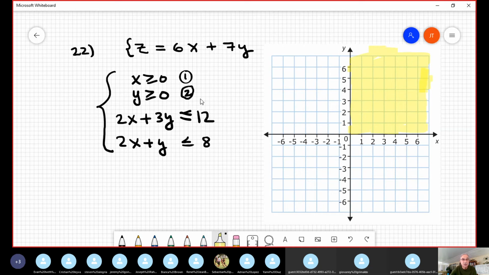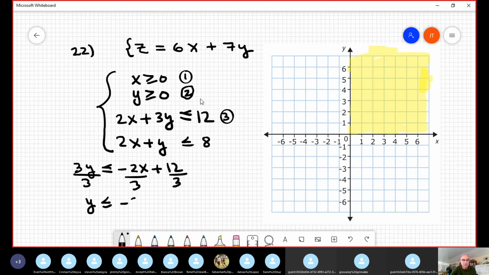But let's try the third inequality. Again, solve for y: 3y less than or equal to minus 2x plus 12, divided by 3, y less than or equal to minus 2/3 x plus 4.